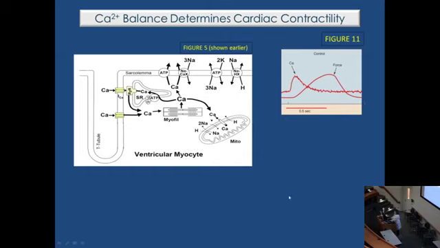Okay? So now let's say that we challenge this cardiac cell or cardiac muscle with sympathetic stimulation. Let's say that we use a beta-adrenergic stimulation, and we can do that if we apply isoproterenol to these cells.